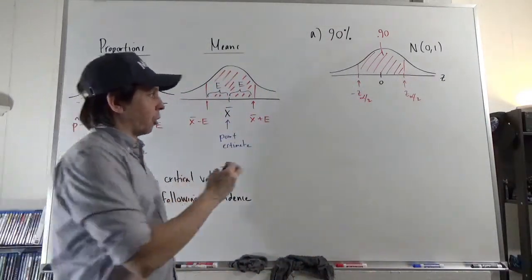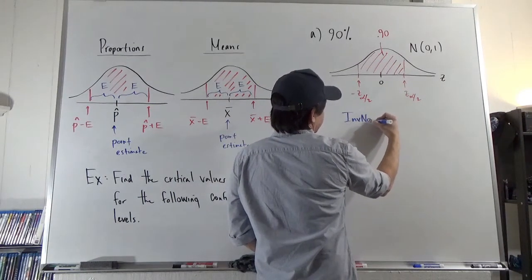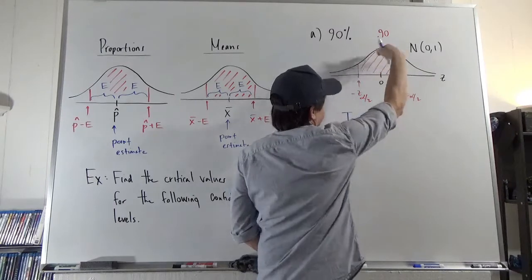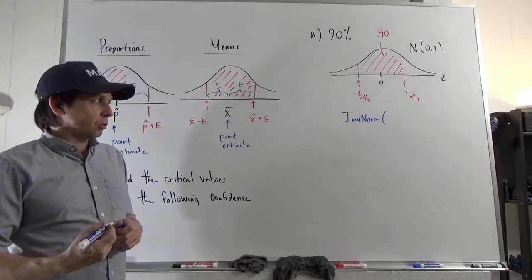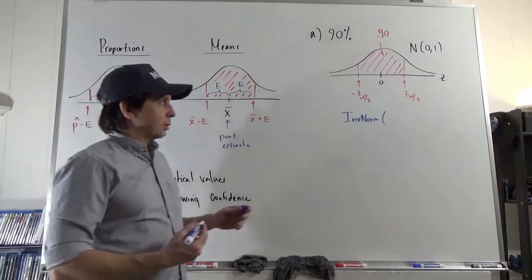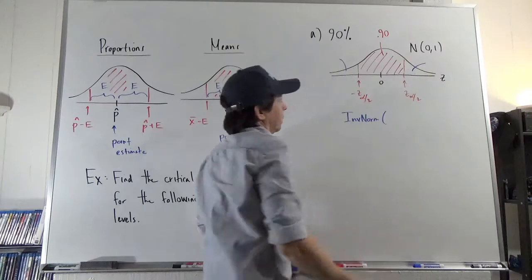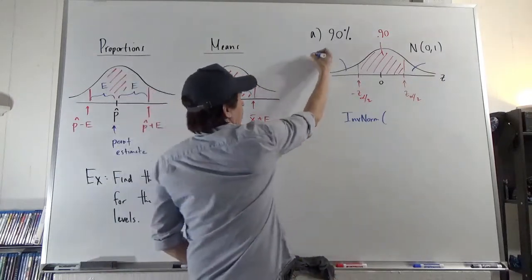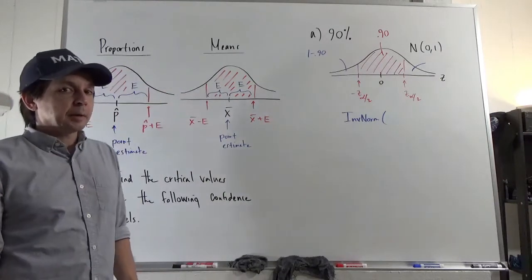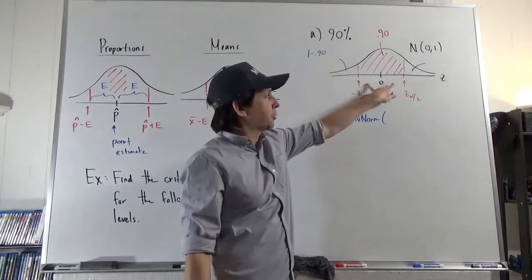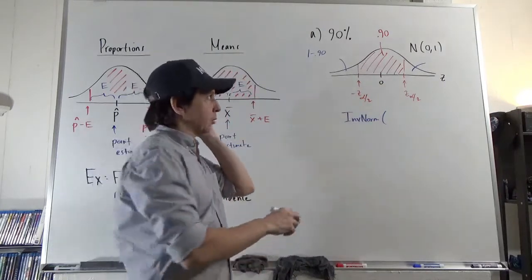And we're going to use inverse norm. Because inverse norm takes areas under the curve, up top, above the axis, and it will get you the corresponding z-scores. So we need to find all the areas, specifically the tails. And I do that by doing the complement rule. 1 minus 0.90 will give me 0.10. 10% is outside of that, so 90% in the middle, 10% on the outside, but that's both tails combined on the outside.